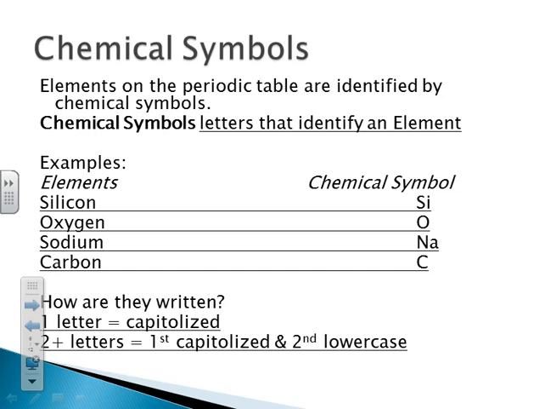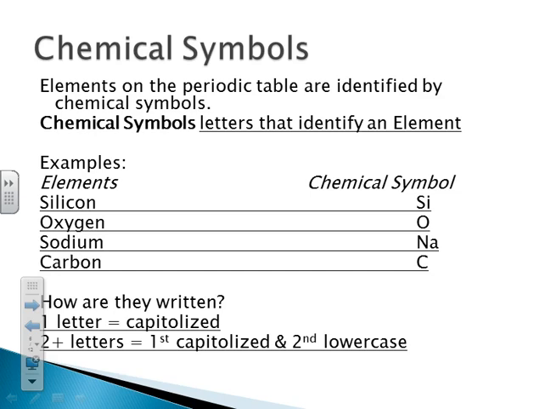It's really important that you recognize how they are written, both when you're writing them and when you're reading them properly. The only way to read them properly is to know how they are written. So here we go.